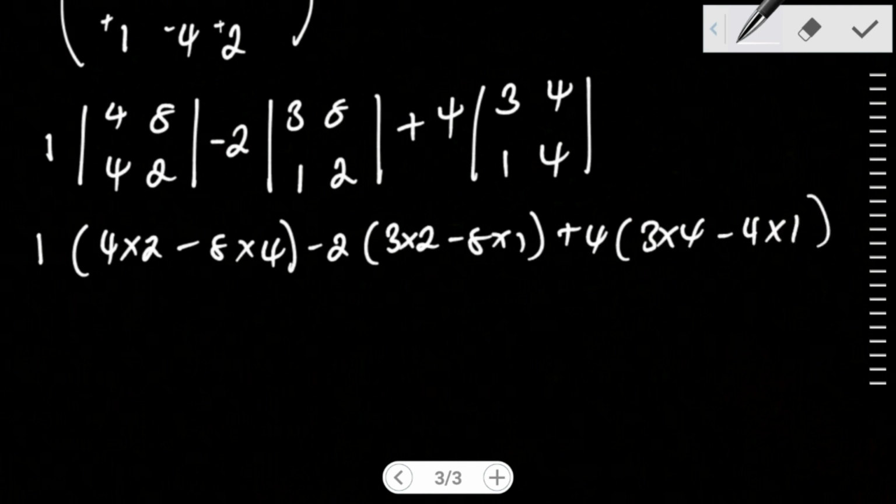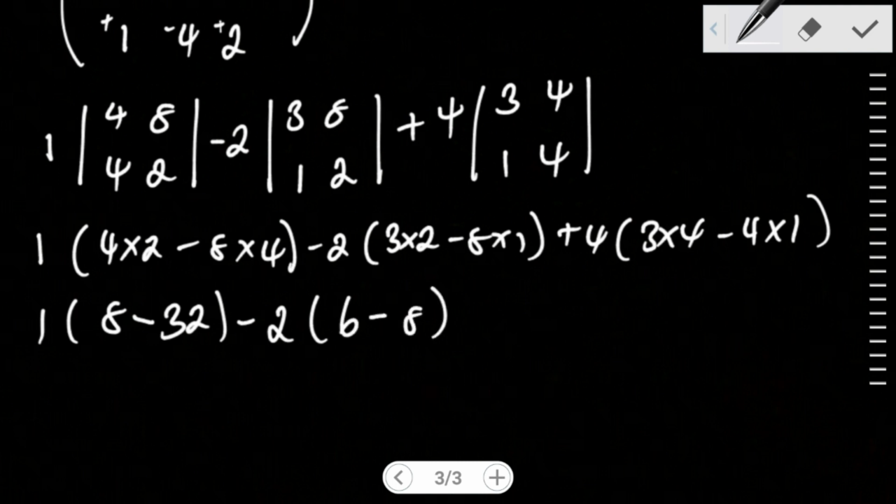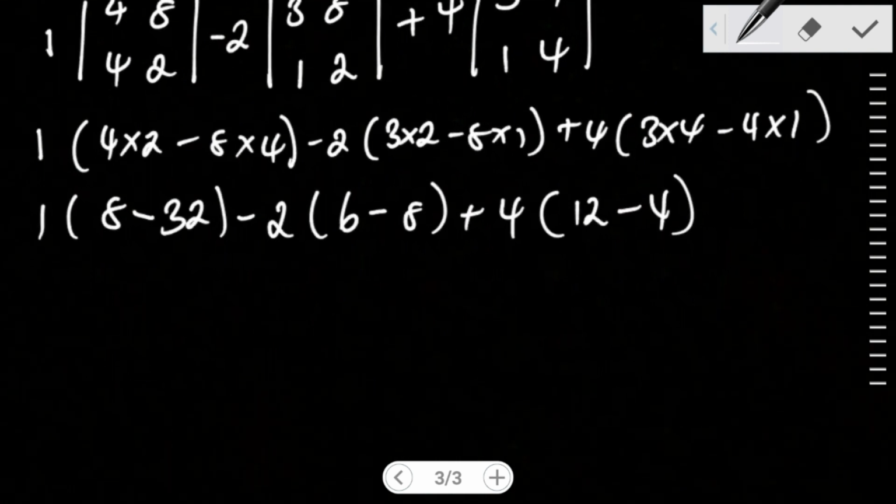So this is 1 into (8 minus 32), minus 2 into (6 minus 8), plus 4 into (12 minus 4). Out of that, 8 minus 32, we're going to have negative 24.